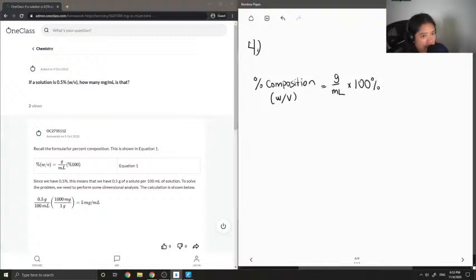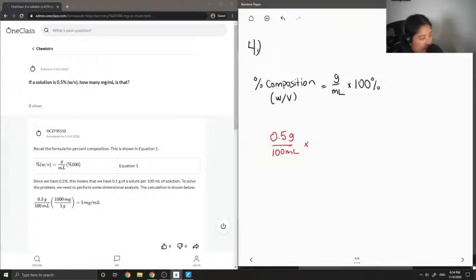So let's look at the question. If we have a 0.5% weight per volume solution, that is the same as saying we have 0.5 grams per 100 milliliters of solution. So I'm just going to convert this from grams to milligrams.